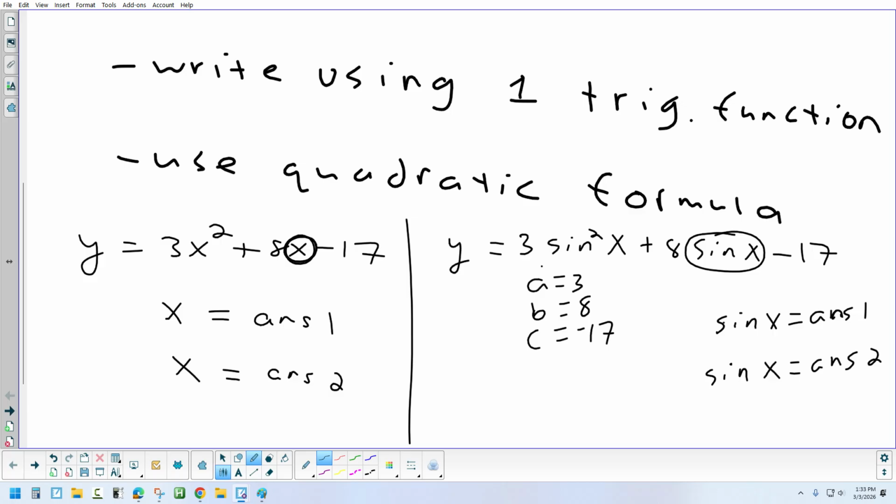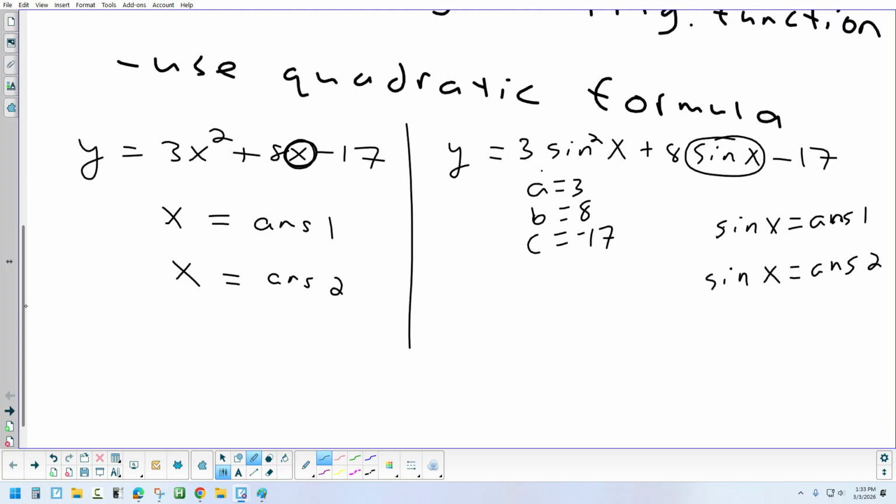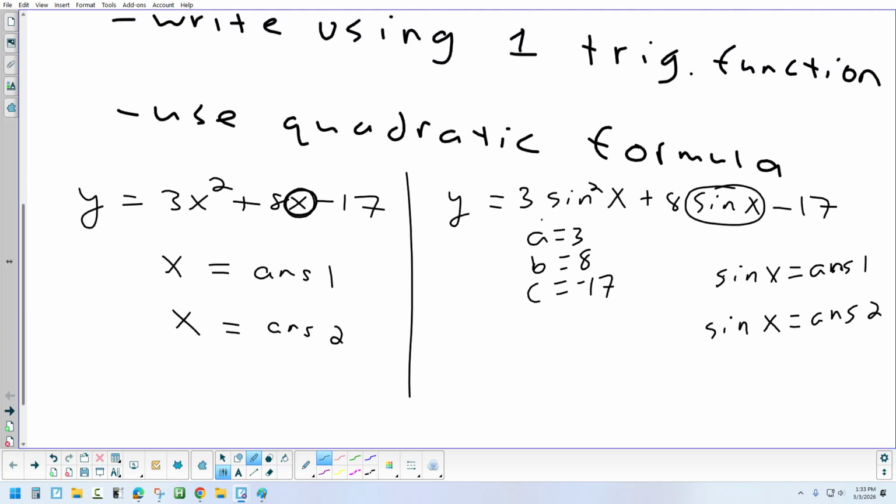So that would be the same right up until that step. And then how would you get rid of sine? Yep, then you'd have to do inverse sine. Okay, but we can still use the quadratic formula. Here are the three things that have to happen for you to be able to use the quadratic formula: one, you have to have the same base thing here and here.